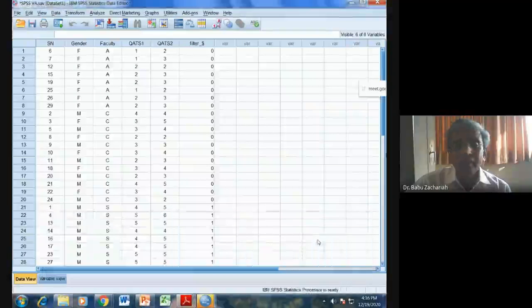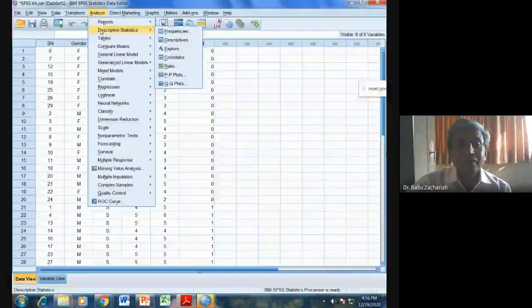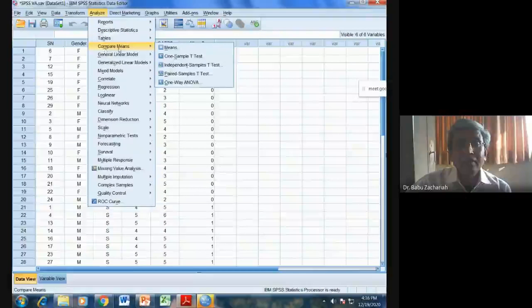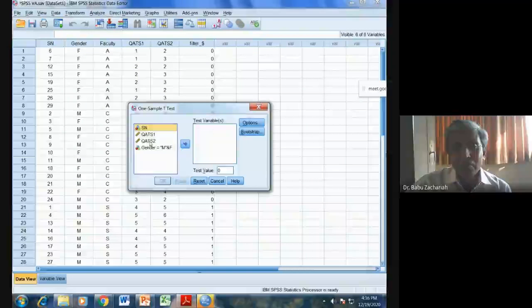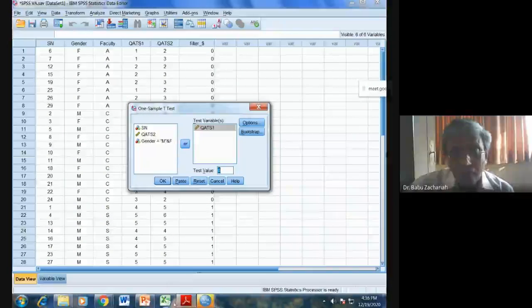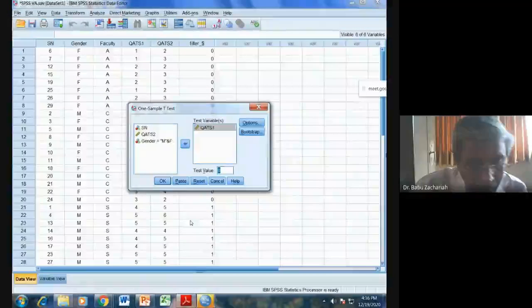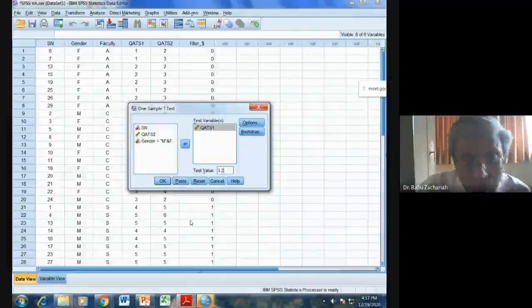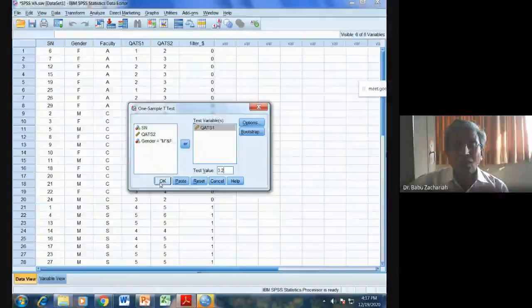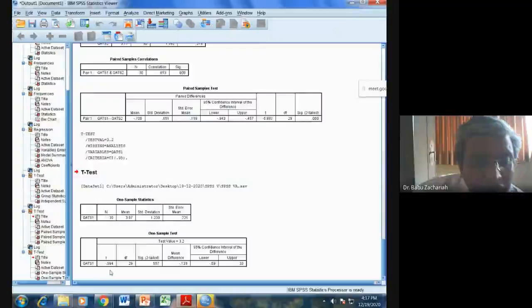So here, you come to analyze, descriptive, compare means and one sample t-test, and the variable is quartz 1, and lesser than what was the value? 3.2. Yeah, 3.2. So there you write 3.2.